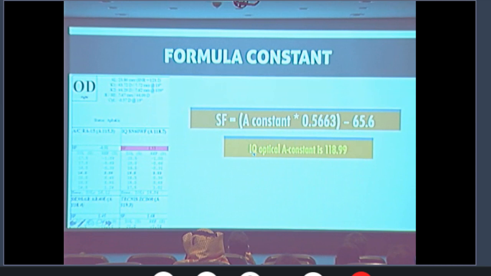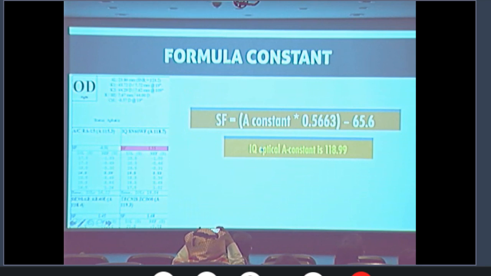So the IQ or this IOL, optical constant. Why did we say optical? Why is it not ultrasound? Because here the axial length is measured by optical. If it is measured by ultrasound, you will have a star here. After the millimeter, you will not have the SNR. So if there is a star, it means it is ultrasound, not optical.